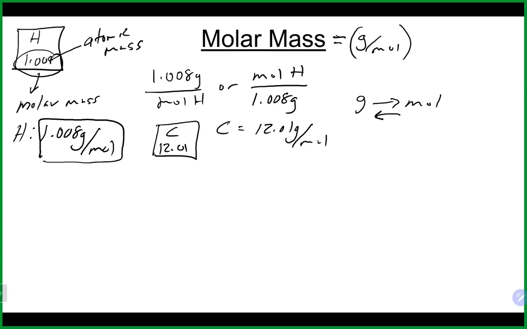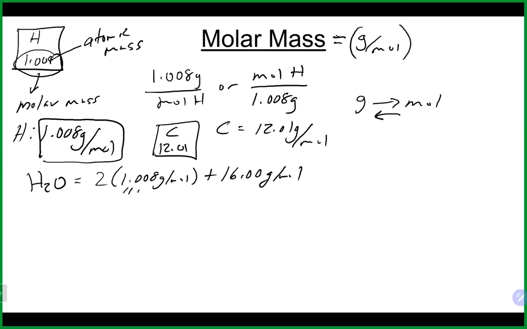We could also do this for something that is a molecule or a compound. So if we had something like water, which is H2O, if we wanted the molar mass of water, we basically go to the periodic table and add up all the parts. So there are 2 hydrogens. Each hydrogen from the periodic table is 1.008 grams per mole. And there's 1 oxygen from the periodic table, which is 16.